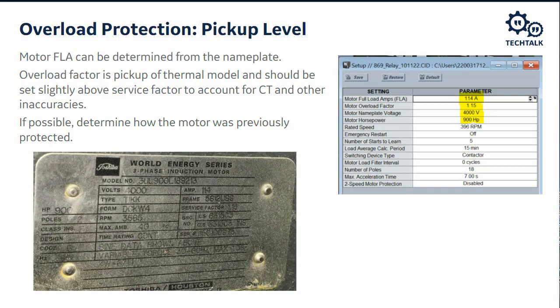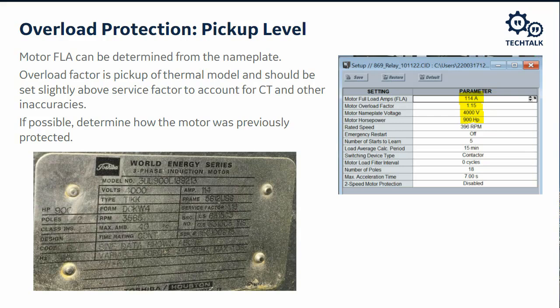The thermal model that is built in the GE Multilin devices incorporates a model that is very close to that old electromechanical thermal model. And because of that, the recommendation inside of the GE manual exists, that you allow for some overload.